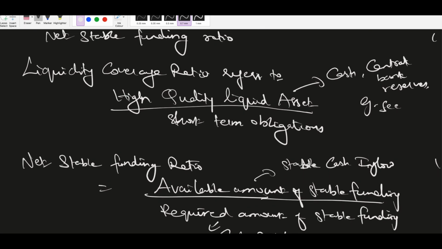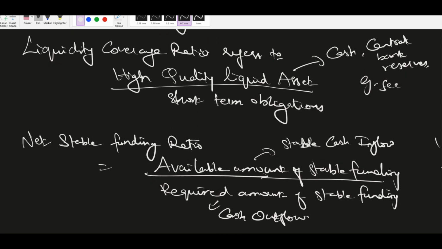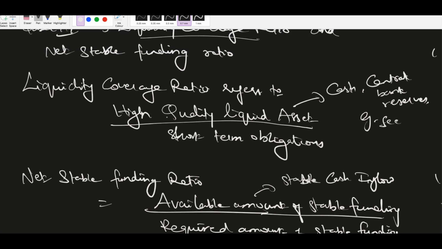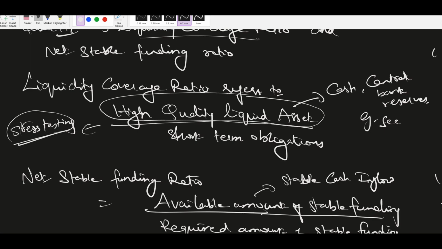And for the liquidity coverage ratio, I forgot to tell you that with high quality liquid assets, this is also a way to do stress testing. Say, on a 30-day basis, in the worst case, if suddenly there is a huge requirement to pay off liabilities, how much cash or liquid assets do you possess, and how much cash inflow can you create to pay off?